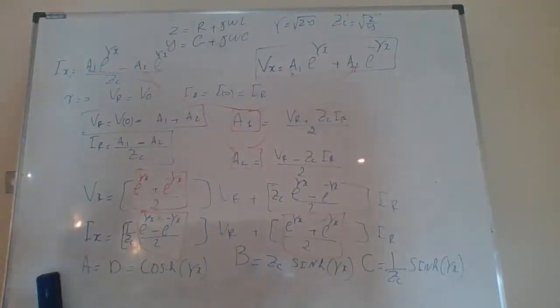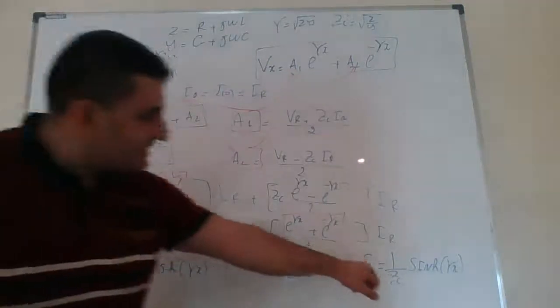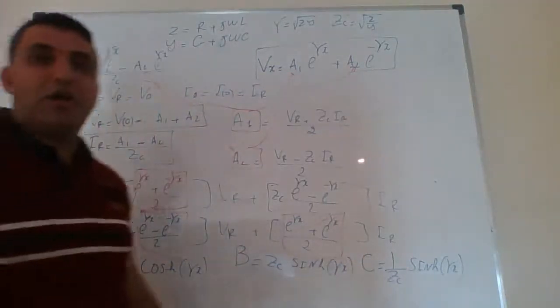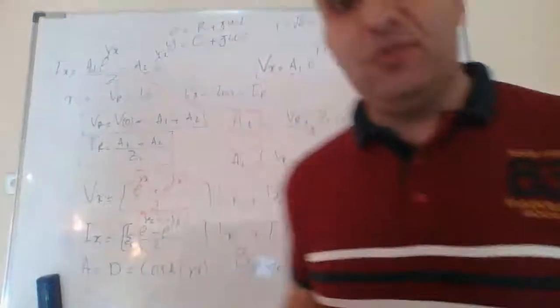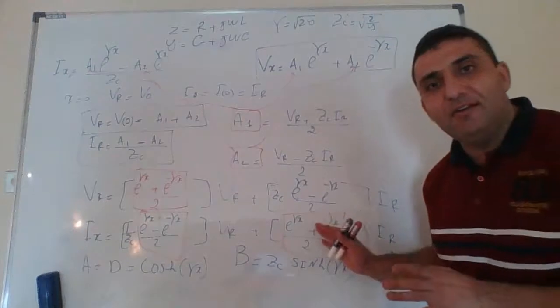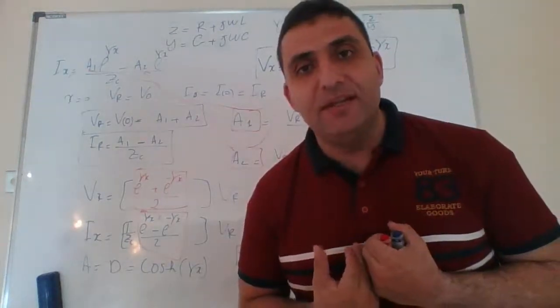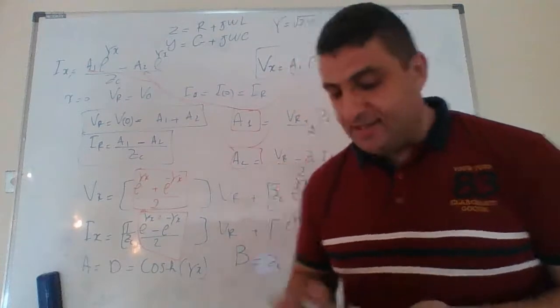These are the 4 elements A, B, C, and D for a long transmission line network. For a long transmission line network, these are what I required to find.